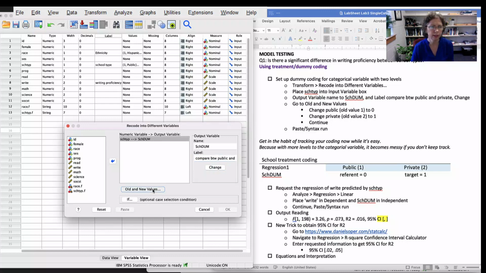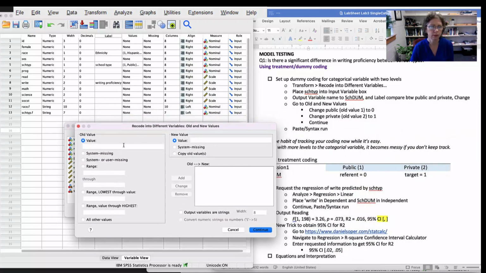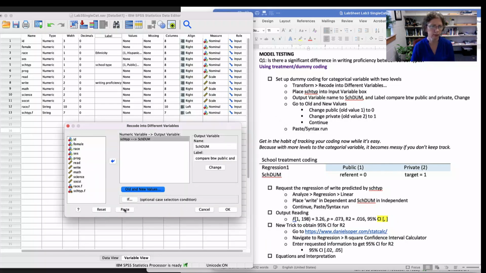In old and new values, we want the old value of 1, that's public, to be now the referent, 0. We want the old value of 2, that's private, to be 1, the target. So here we can hit continue, and then we're going to paste.